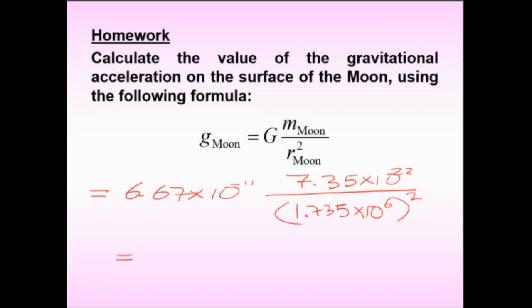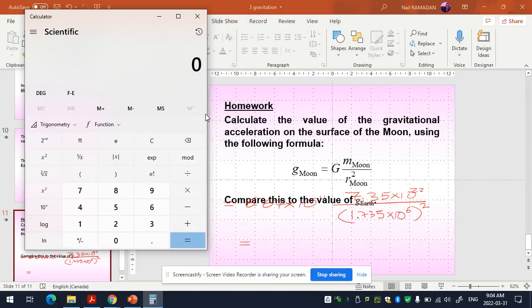By the way, if you want my advice on how to do this in one shot using a single display without making a mistake, I'll show you how. Which part is the biggest part of this equation? Which part should we do first? Maybe the fraction. So let's do the fraction. What good button do we always use with powers of 10? EXP.